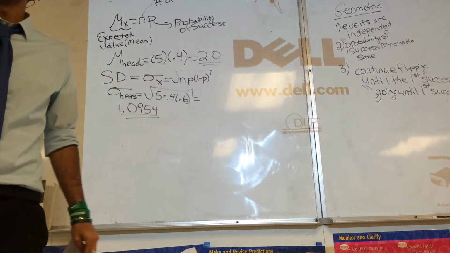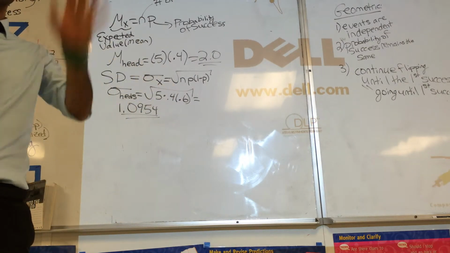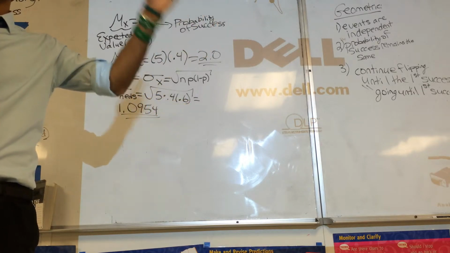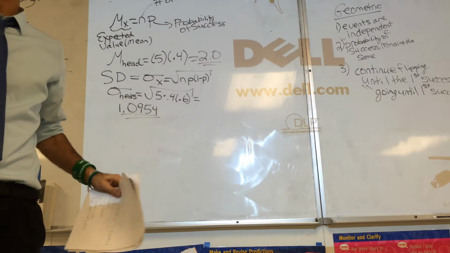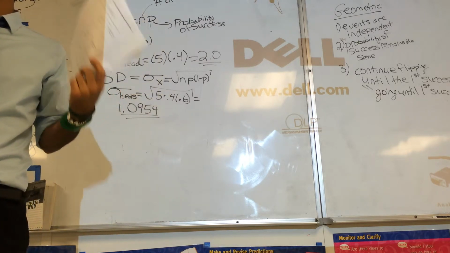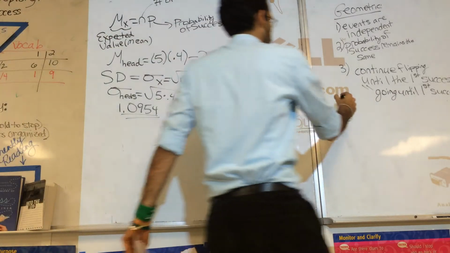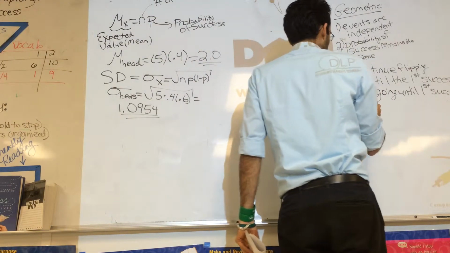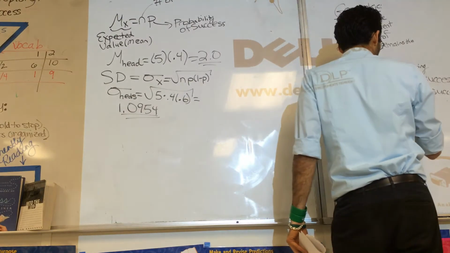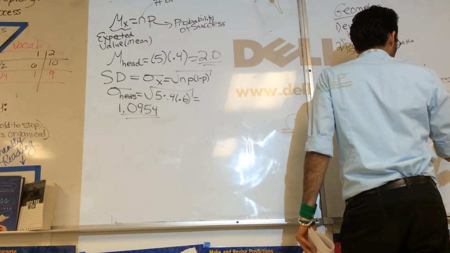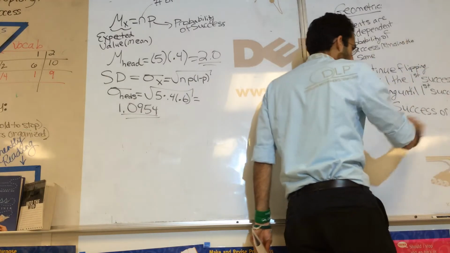You keep flipping the coin until you get a heads, or you keep rolling the dice until you get a 1. Binomial says we're going to roll 10 times, how many 1s will I get? This says I'm going to keep rolling till I get a 1, and we're going to talk about how many rolls it will take. Slight distinction. Condition number 4 says there is either a success or a failure, just like binomial. Either you roll the heads or you don't.